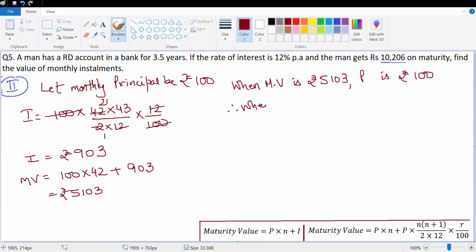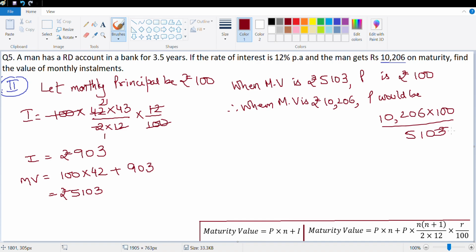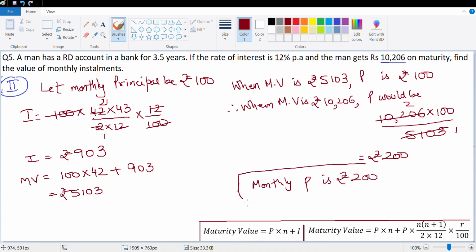Therefore, when maturity value is rupees 10,206, P would be, cross multiply, 10,206 into 100 divided by 5103. That's 1 times and this is 2 times. So this is rupees 200. Therefore, monthly principal is rupees 200. Obviously, the answer would work out to be the same whichever method you use, but depending upon your convenience, you could use the method convenient for you.